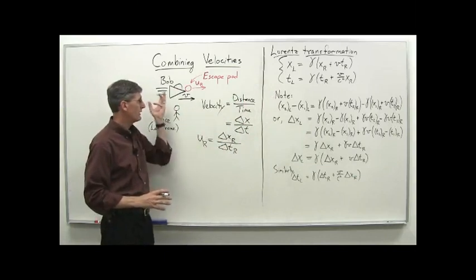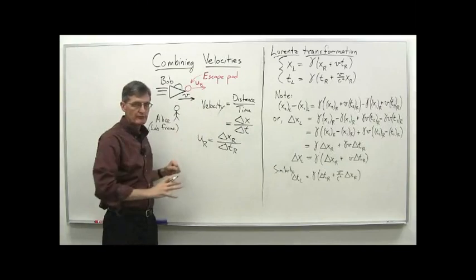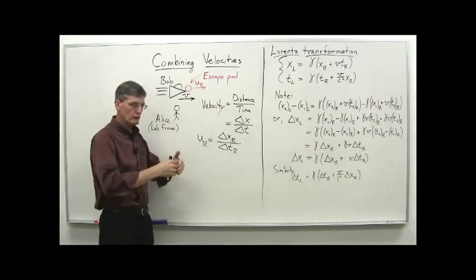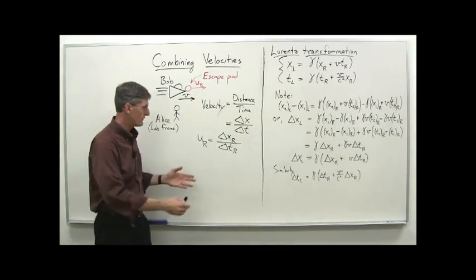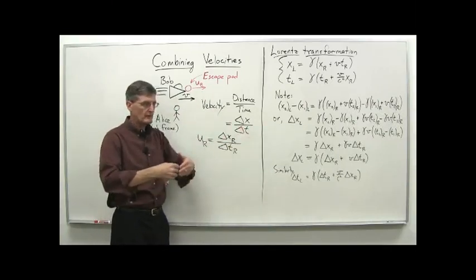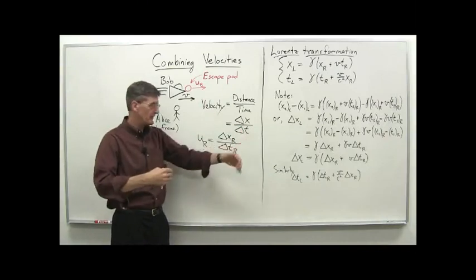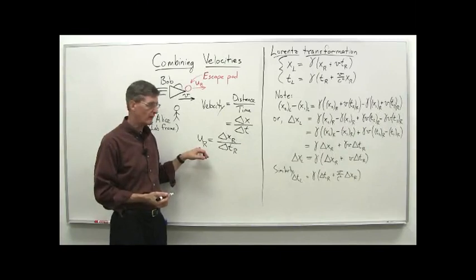So now let's look at the velocity of the escape pod in Bob's frame of reference. Clearly, using his measuring system, he's at rest as far as he's concerned. It's very simple: he shoots off the escape pod, measures how far it traveled in a certain amount of time, and that's the velocity he gets.